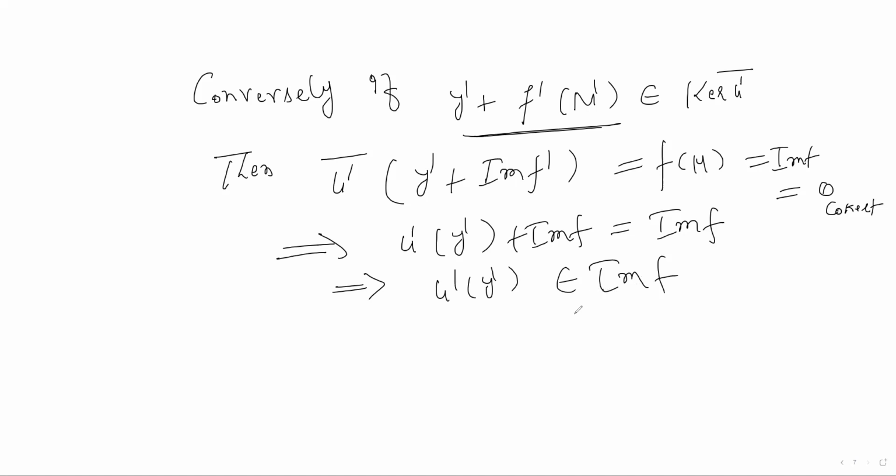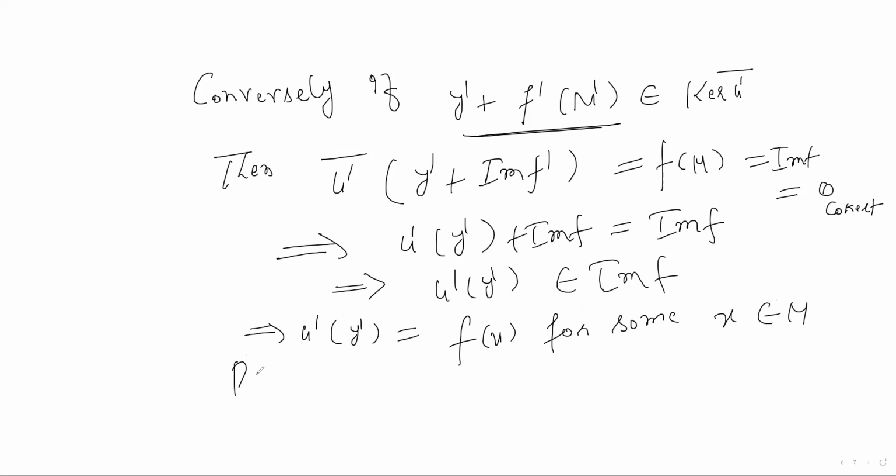Okay, so this means u dash y dash equals f of x for some x in m. Now put x double dash equals v of x. अब ये v सब्जेक्टिव है, तो इसकी मैं प्री इमेज ले सकता हूँ, v of x equal to x double dash.